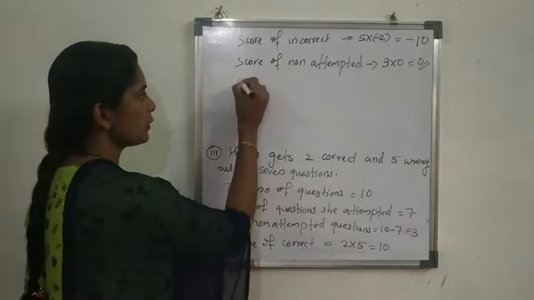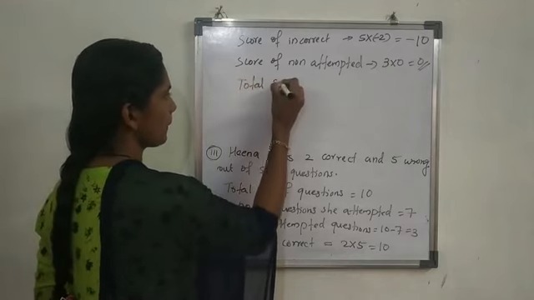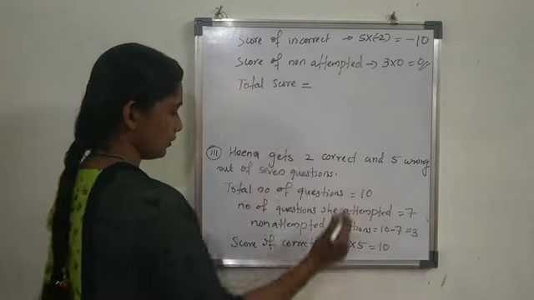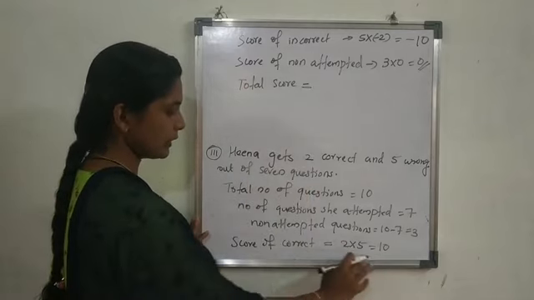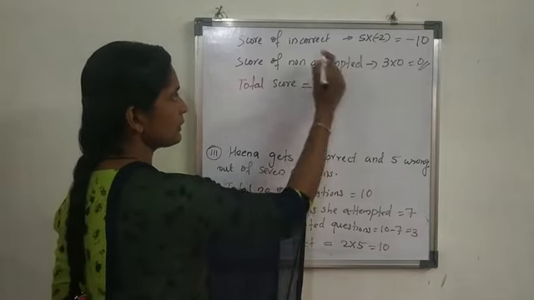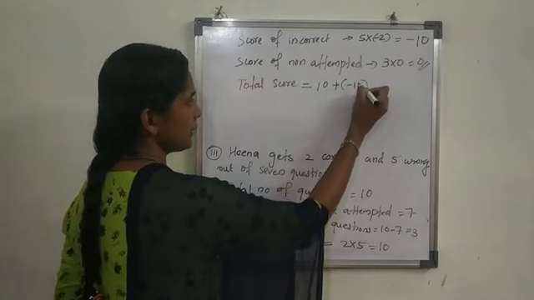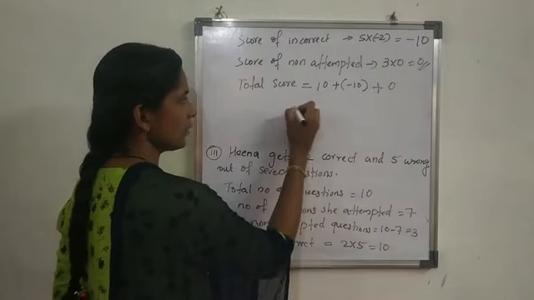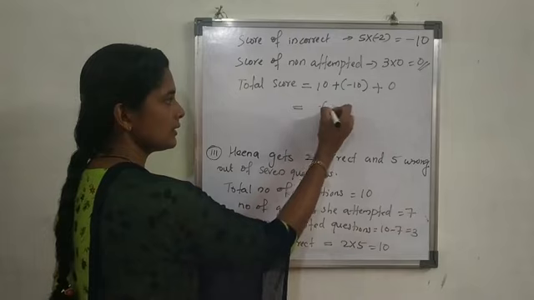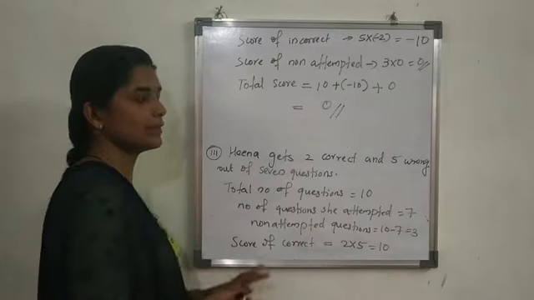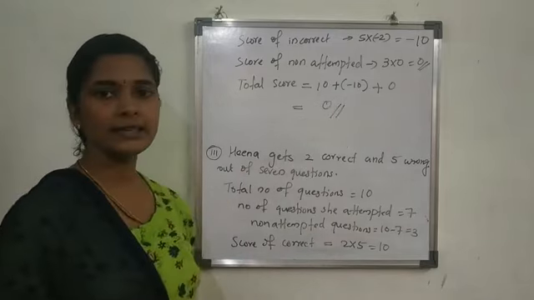Then total score is the score of the correct ones, that is 10, plus score of incorrect, that is minus 10, plus non-attempted is 0. 10 plus minus 10 is 0. 0 plus 0 is 0. The score of Tina is 0.